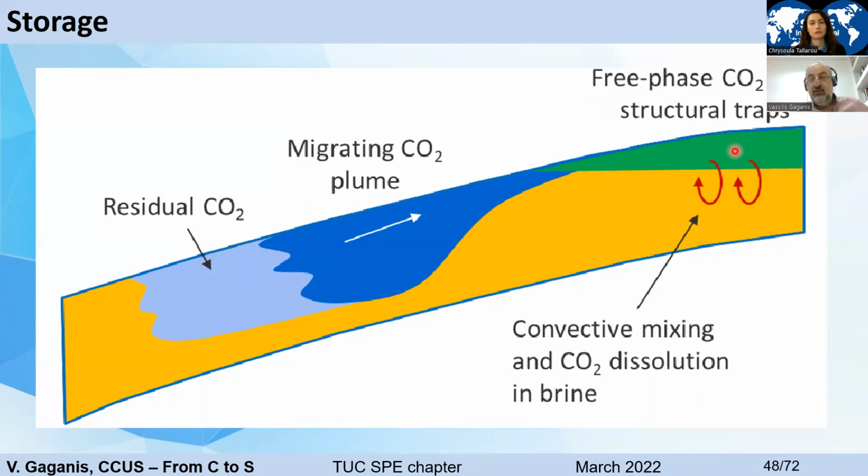In other words, it doesn't move simply because it is trapped physically by some kind of seals or by some kind of faults, probably. However, here comes the interesting part now. Since the CO2 is going to be moving here, that means that water will invade back this area until new CO2 arrives.